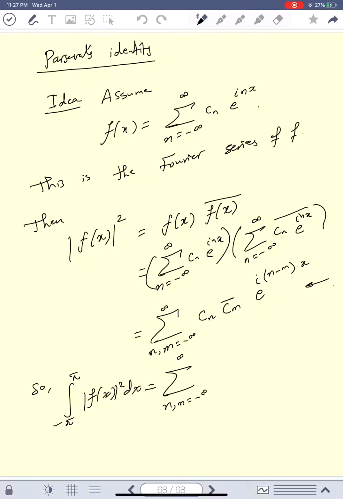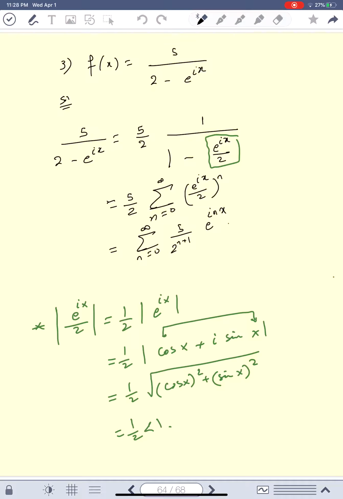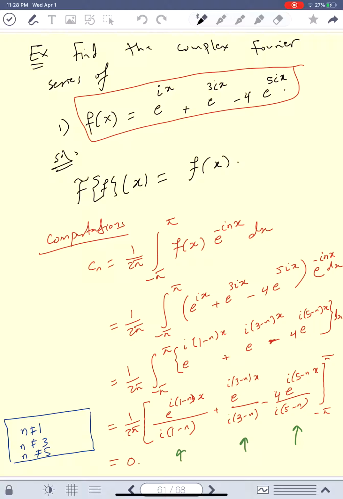So we have the integral, the Cn and the Cm, these are constant. So basically you have the integral from negative pi to pi e to the I n minus m x dx. This is what we have. Now what about this integral? We did this before, when we dealt with this example exactly.